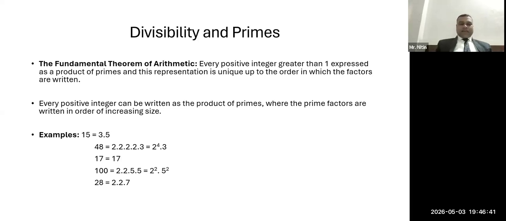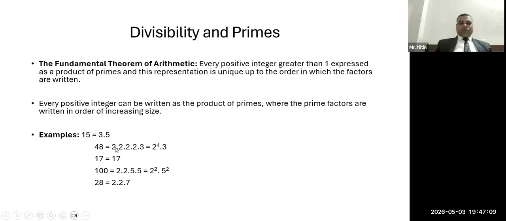Let's check with a second example. The number is 48. As per the fundamental theorem of arithmetic, how are we going to represent this? It is the product of prime numbers, right? So first we need to find the factors of this number 48. We know 2 into 2 into 2 into 2 into 3.